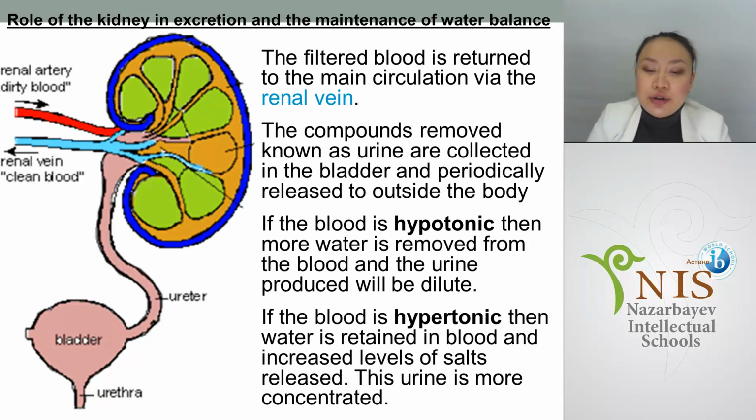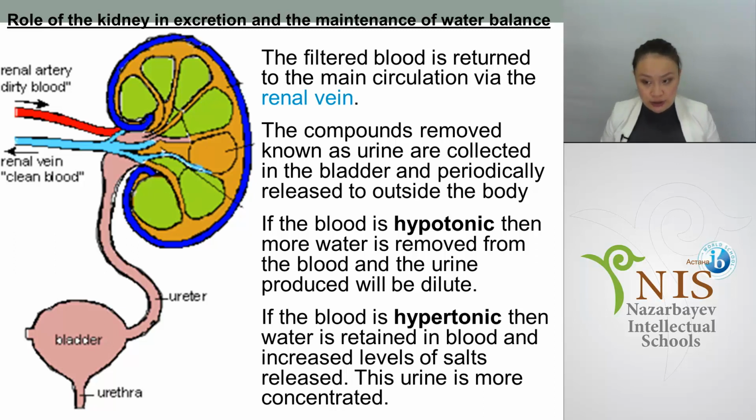The filtered blood is returned to the main circulation via the renal vein. The compounds removed, known as urine, are collected in the bladder and periodically released to outside the body.